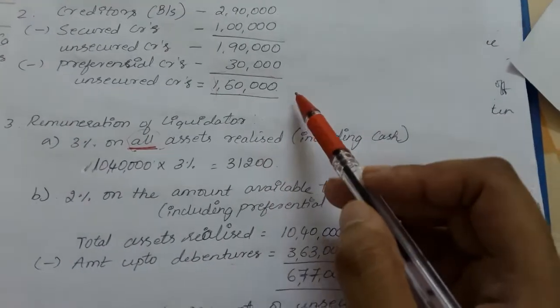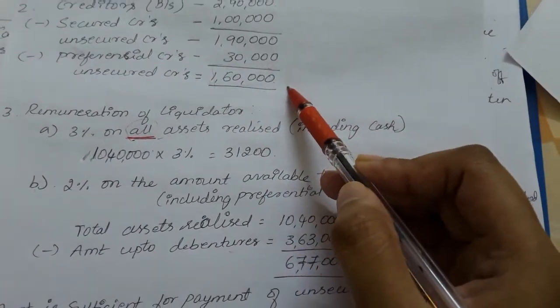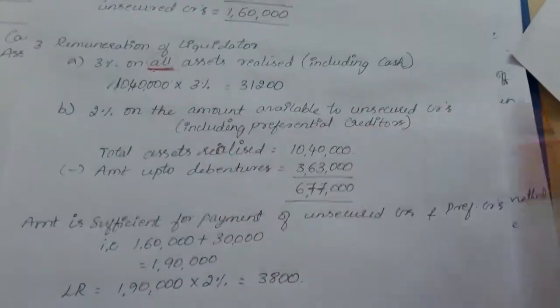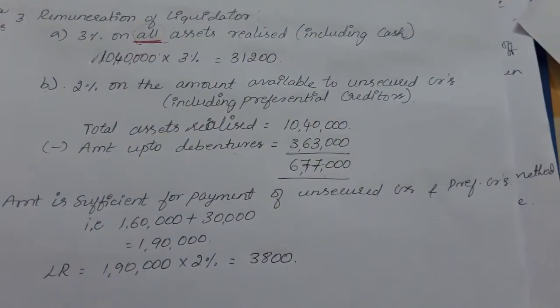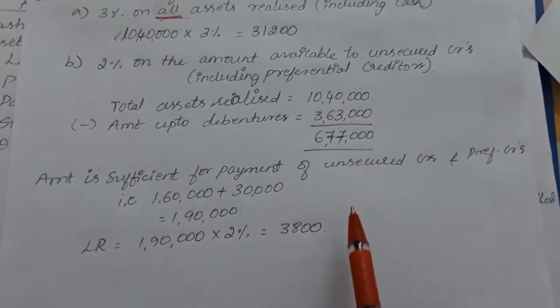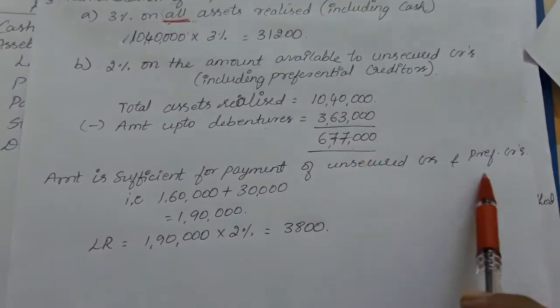The amount payable to unsecured creditors is 1,60,000 and to preferential creditors is 30,000. So the amount is sufficiently available for paying the unsecured creditors and preferential creditors.